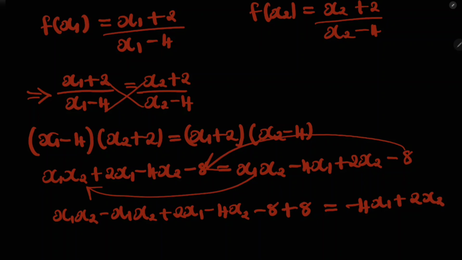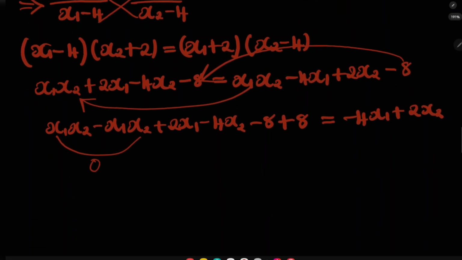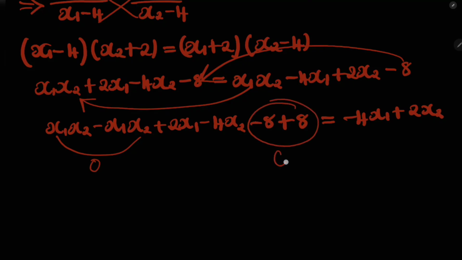As we see clearly, x1x2 minus x1x2 gives us 0, and minus 8 plus 8 also gives us 0. So we are left with 2x1 minus 4x2 equal to minus 4x1 plus 2x2. Okay, this is what we have again.